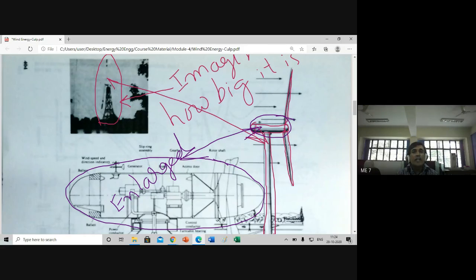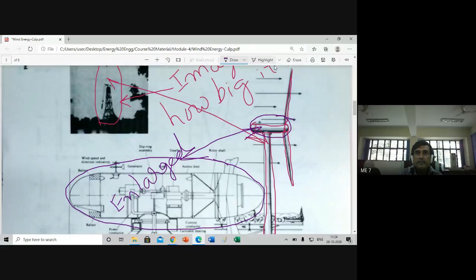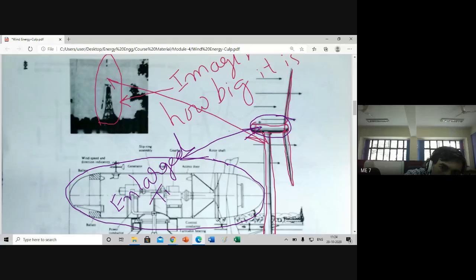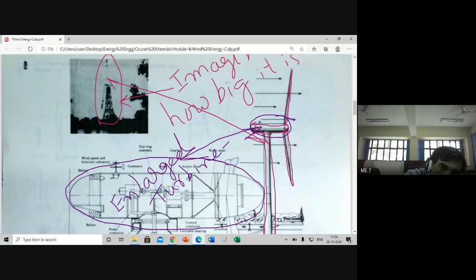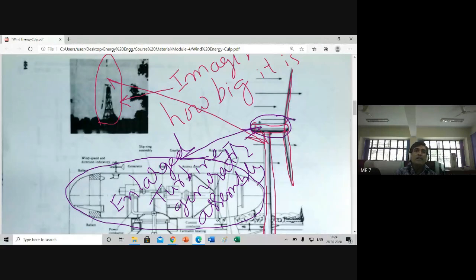Now I will show you individual components. I will focus on this turbine generator assembly.